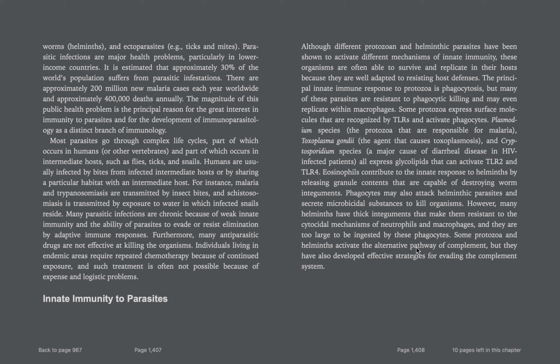For instance, malaria and trypanosomes are transmitted by insect bites. Schistosomiasis is transmitted through exposure to water in which infected snails reside. Many parasitic infections are chronic because of weak innate immunity and the ability of the parasite to evade or resist elimination by the adaptive immune response.